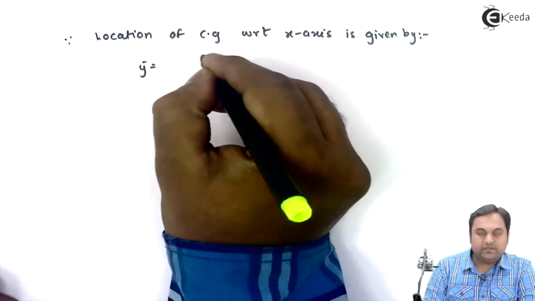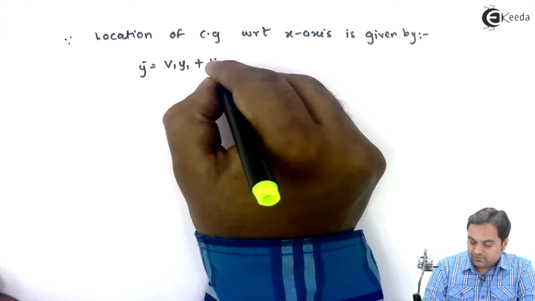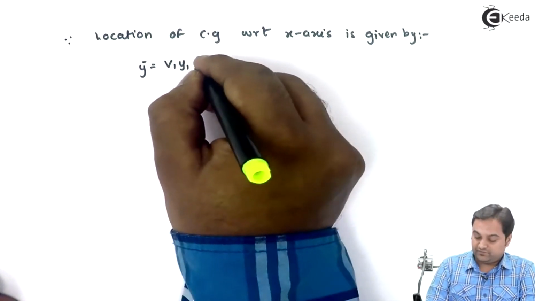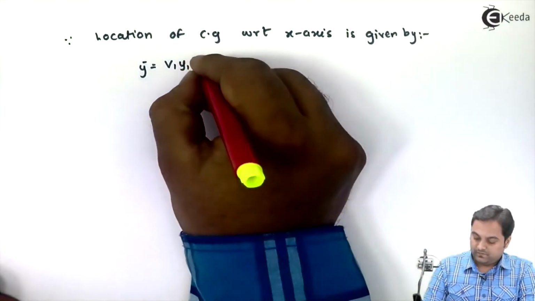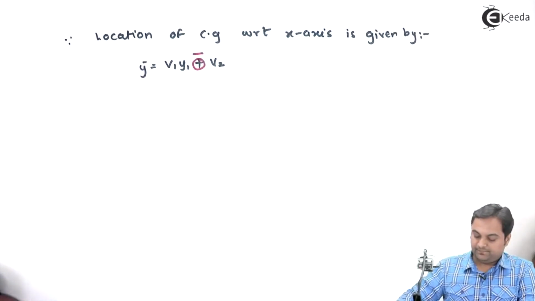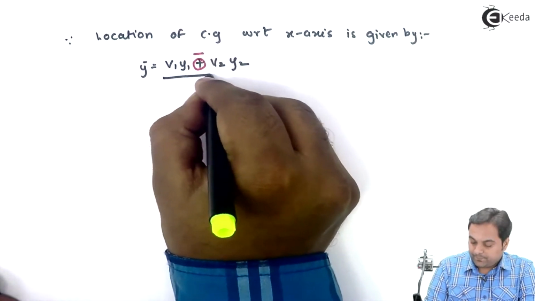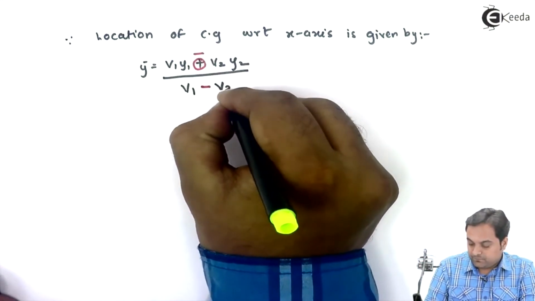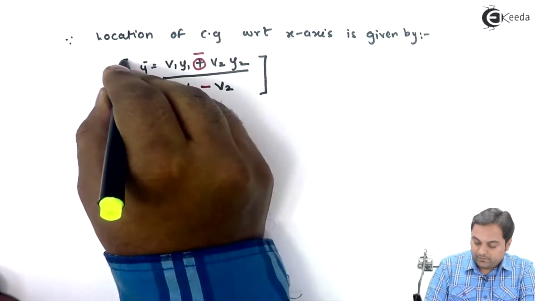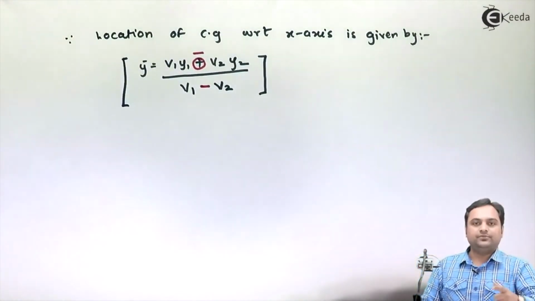Y bar is equal to V1 Y1 minus V2 Y2, upon V1 minus V2. So here we have to be careful because we are subtracting one solid from the other, so this would be negative. Cone is subtracted from the cylinder.